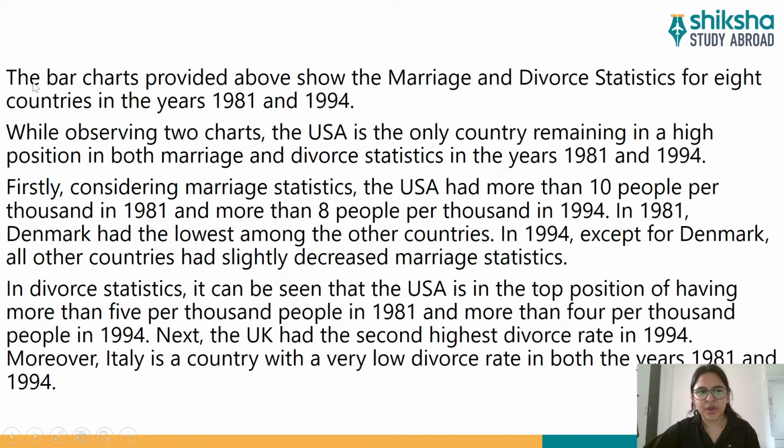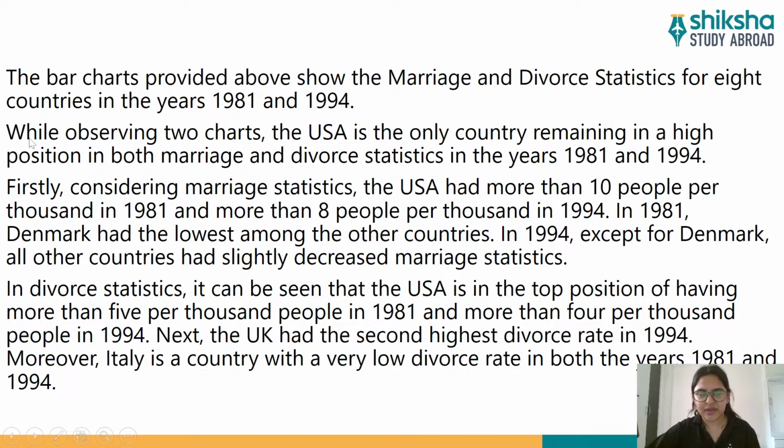So first we'll talk about the first paragraph. The bar charts provided above show the marriage and divorce statistics for 8 countries in the years 1981 and 1994. So this has been changed slightly, just to paraphrase it.